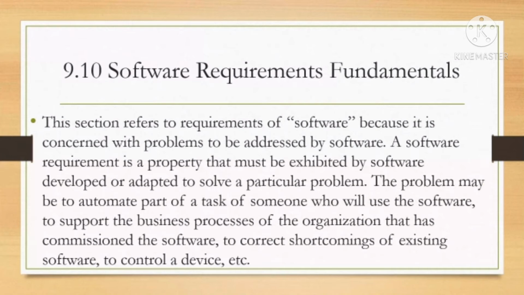The problem may be to automate part of a task of someone who will use the software to support the business processes of the organization that has commissioned the software, to correct shortcomings of existing software, to control a device, etc. An essential property of all software requirements is that they be verifiable.